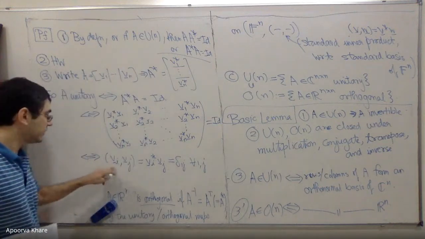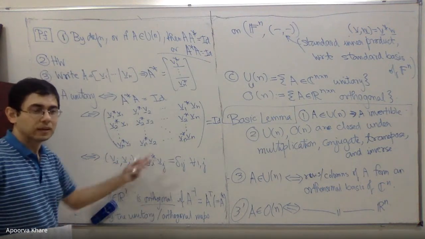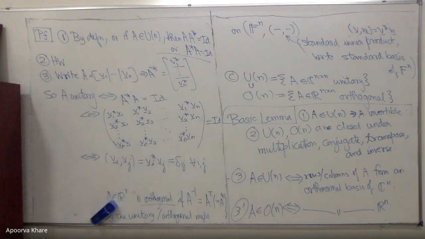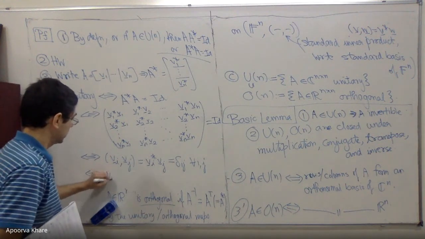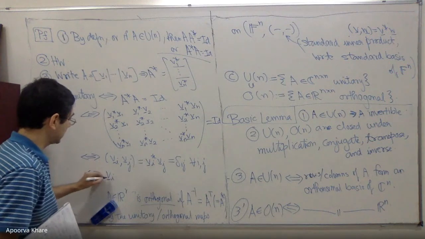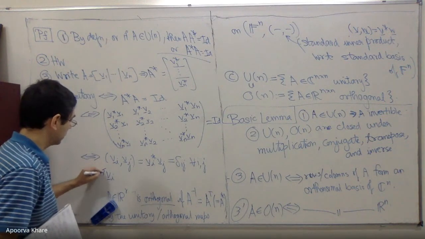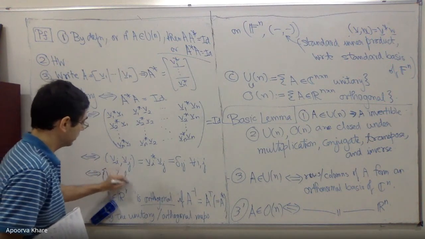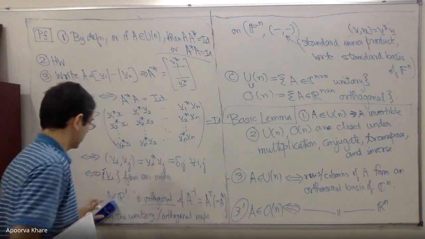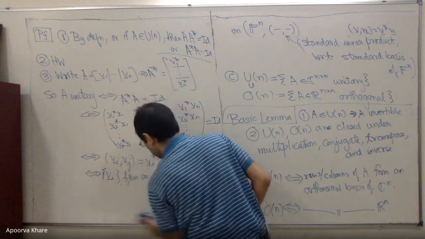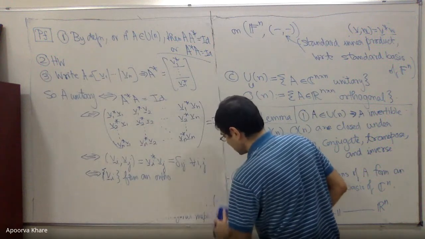So how can it be that the inner product of Vi and Vj is delta ij? That's if and only if it is an orthonormal basis. So this is how you prove that the columns form an orthonormal basis with respect to the standard inner product.